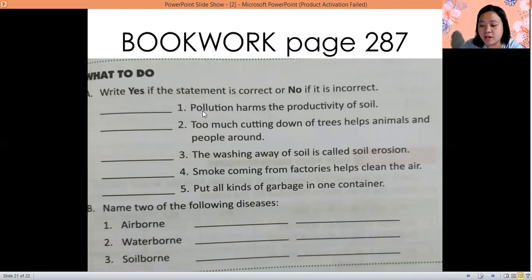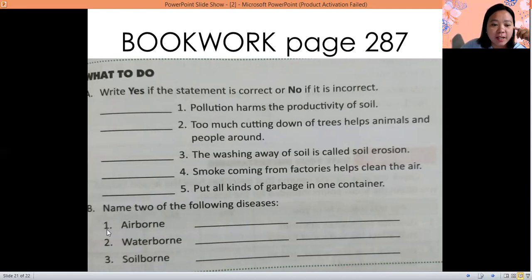Next, number 4, smoke coming from factories helps clean the air. Yes or a no? And number 5, put all the kinds of garbage in one container. Is it a yes or a no?